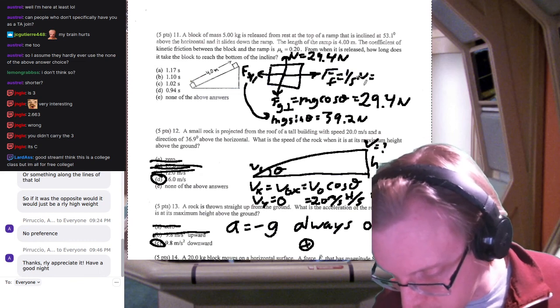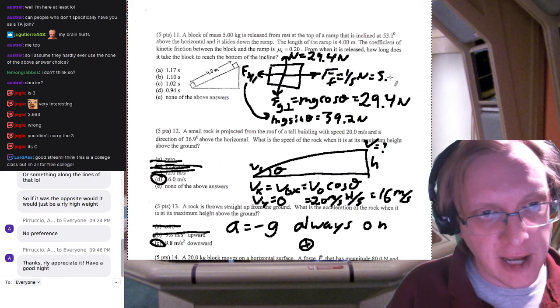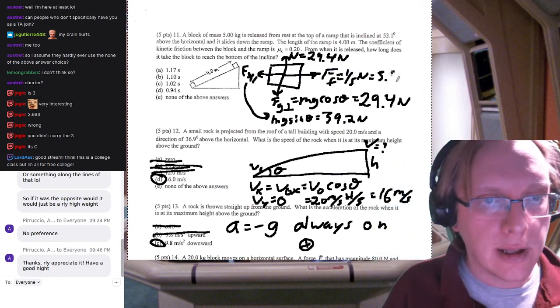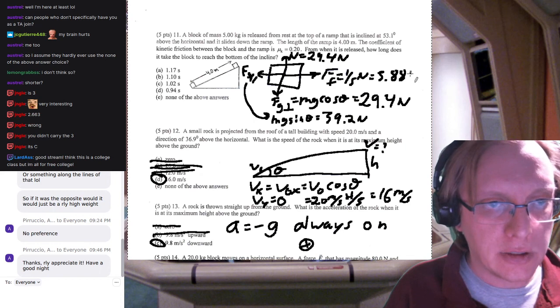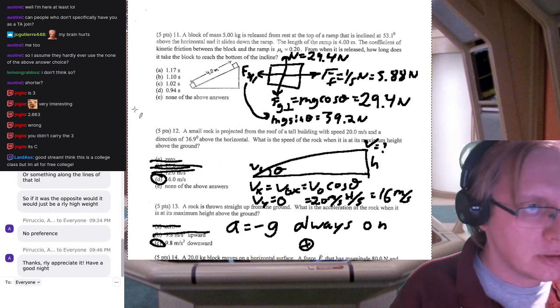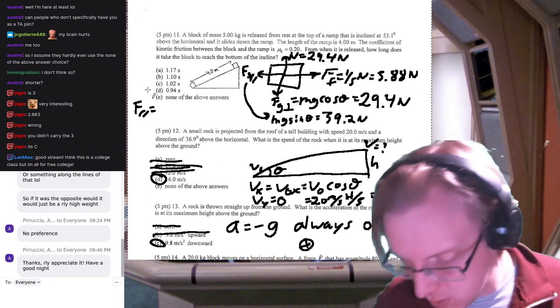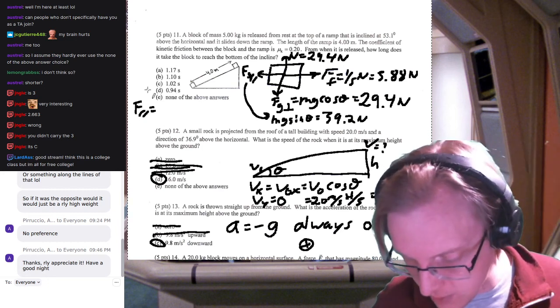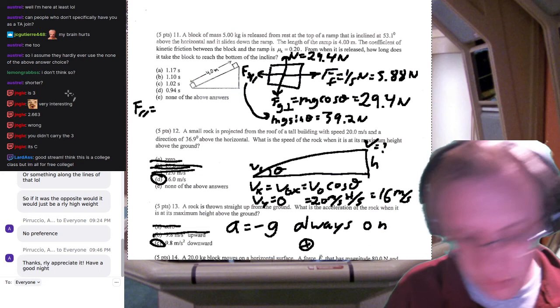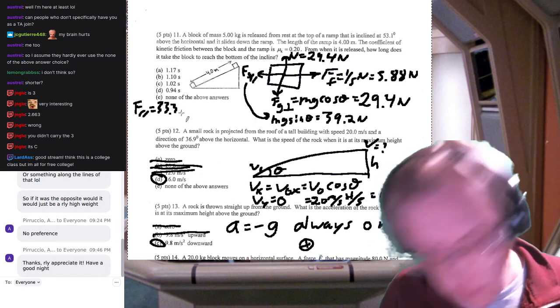So this is 5.88 newtons. So that means that our total force, F parallel, is equal to 39.2 minus 5.88, 33.3 newtons.